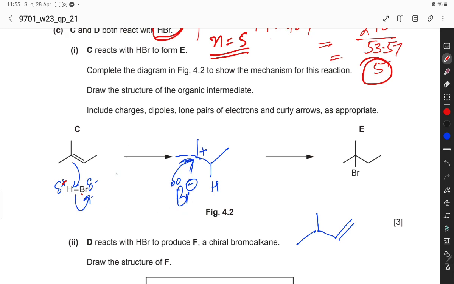So the double bond is going to break and a carbocation is formed. In the second step, the bromide ion has an excess pair of electrons, which is donated to this positive carbocation to form this compound.